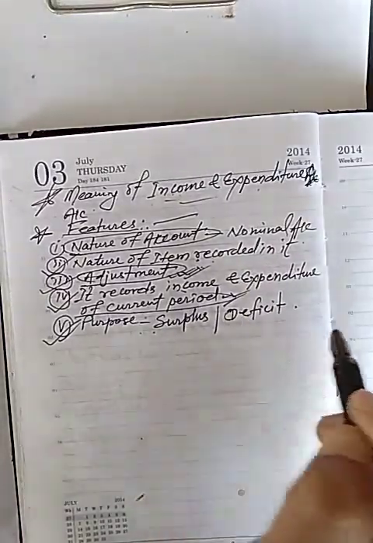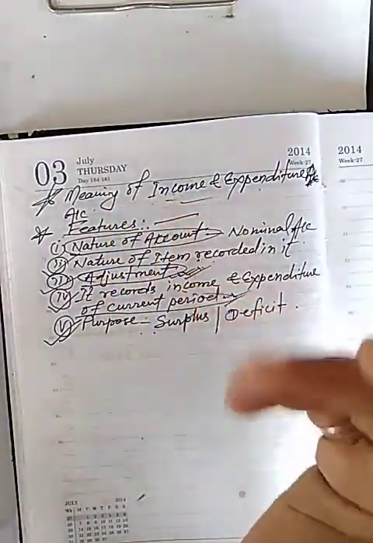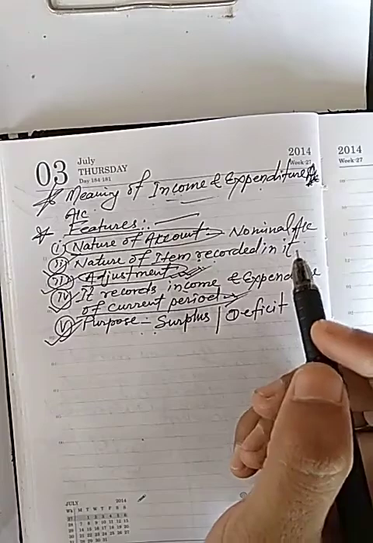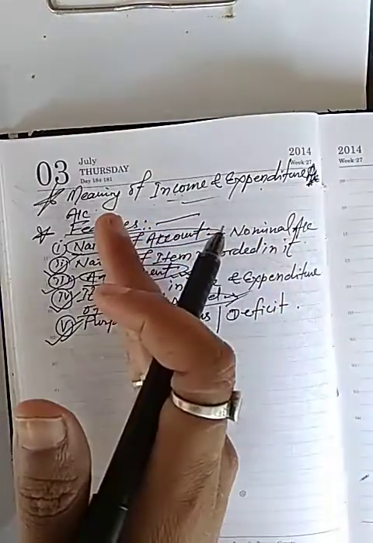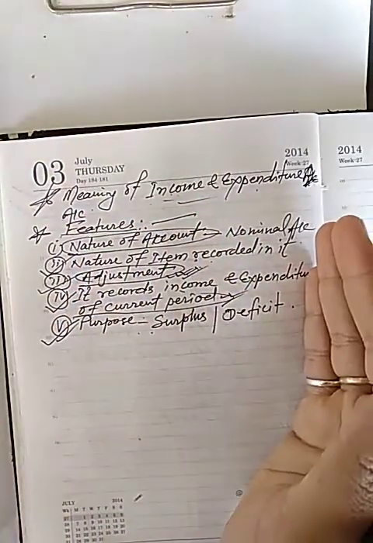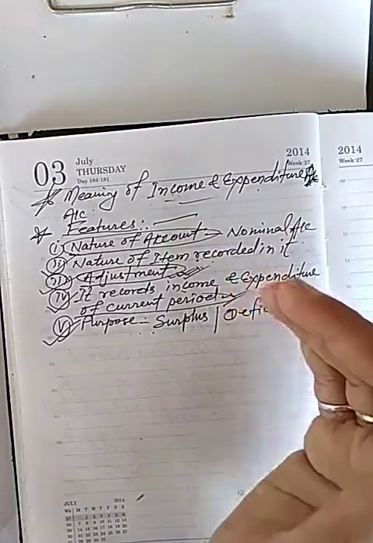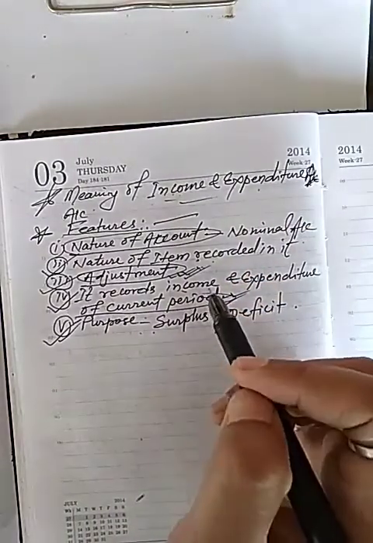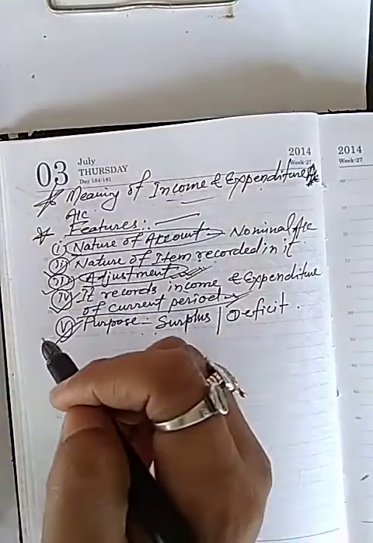If the credit side exceeds the debit side, it reveals surplus, and if, on the other hand, the debit side exceeds the credit side, it reveals deficit. The surplus is added to the capital fund and deficit is deducted from it.